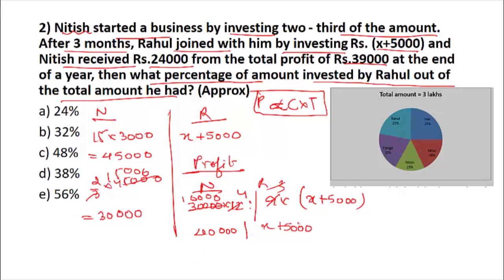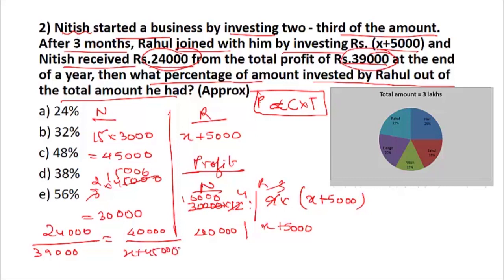So now what we are doing is, they have given that Nitish received this much out of the total profit of this much. So Nitish has received 24,000 out of total of 39,000. Okay, this is one ratio that you have been given. From here also we could derive this relation. How much has Nitish received? 40,000. What was the total invested? Addition of these two, that will be X plus 45,000.